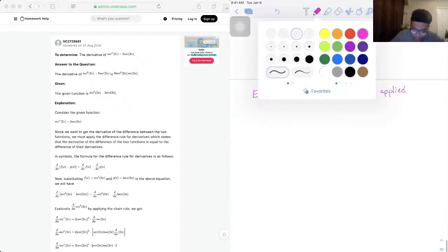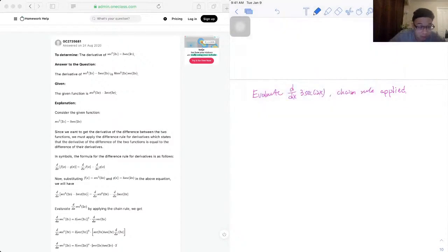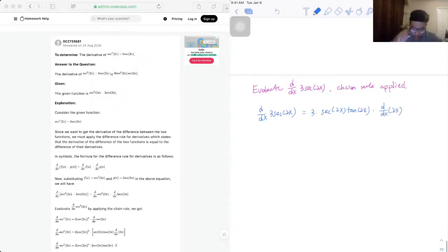So let's copy down the question. Derivative of 3 secant 2x. This is going to be equal to 3 times secant 2x tangent 2x times the derivative of 2x, which is from the chain rule part.